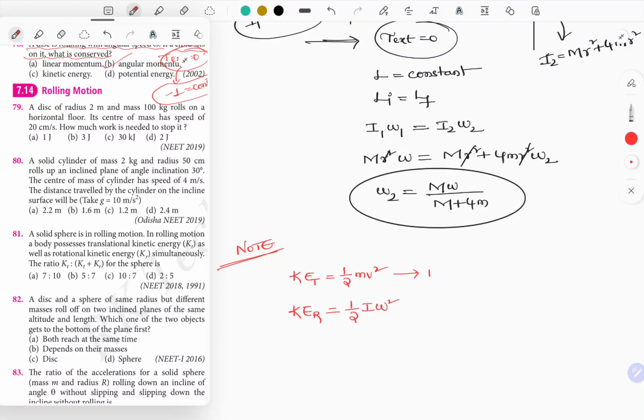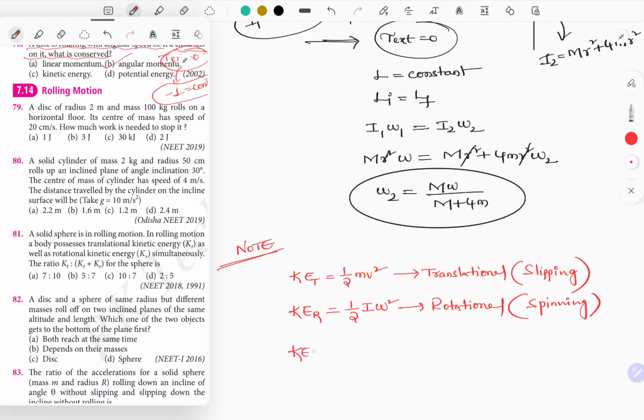This is only translational. Next, rotational. There is one more motion, that is rolling motion. This is also called slipping, right? So this is a slipping motion and this is spinning motion. Next, rolling motion.